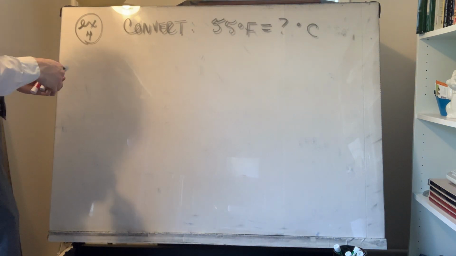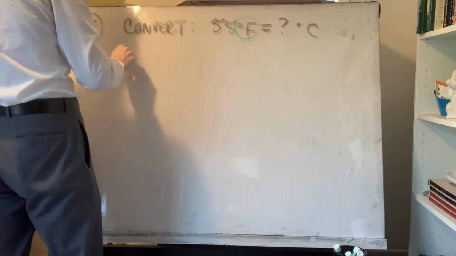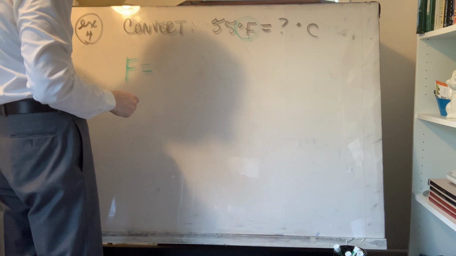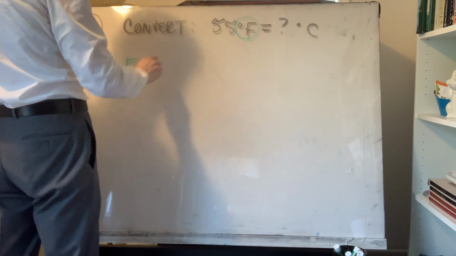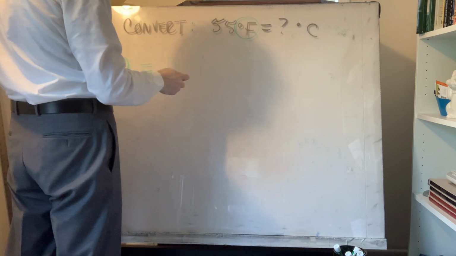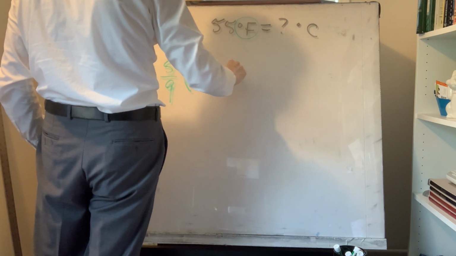Anyhow, the formula for Celsius, since that is what we are converting to, is this: Celsius is equal to 5/9 times the given Fahrenheit minus 32 degrees.